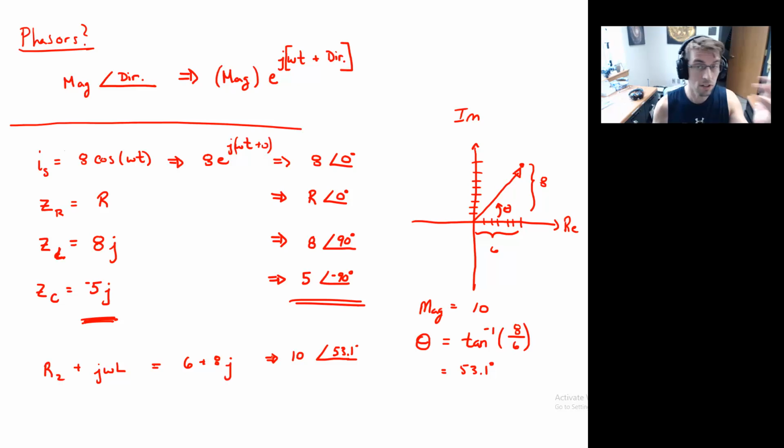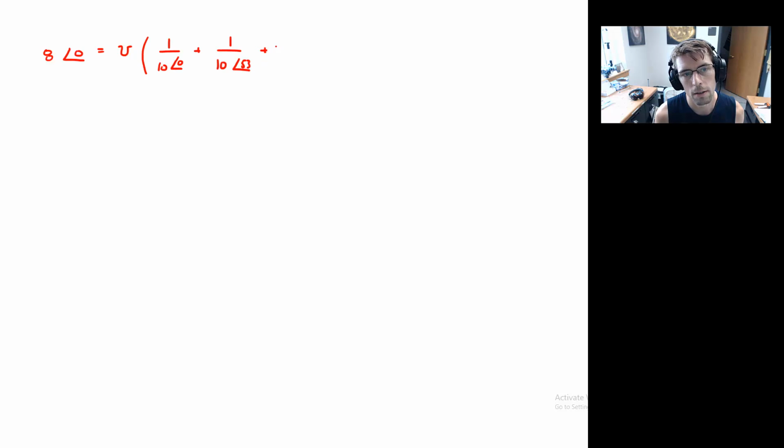Okay, so let's go ahead and solve this using phasors instead. What do we have? Our current, 8 at 0, is equal to our potential divided by 10 at 0, plus 1 over 10 at 53, plus 1 over 5 at negative 90.